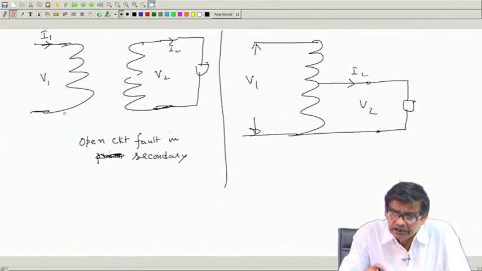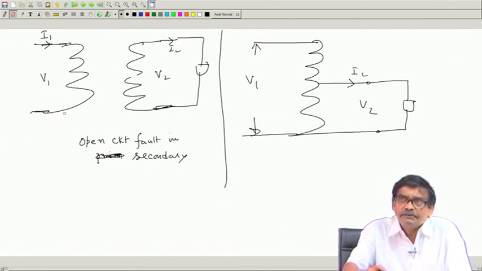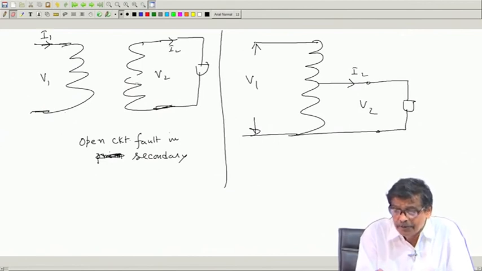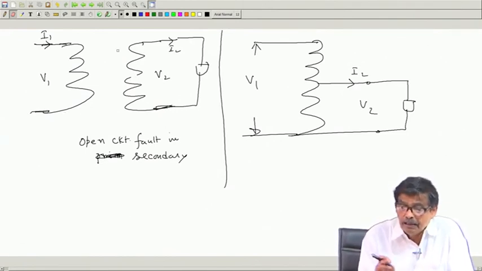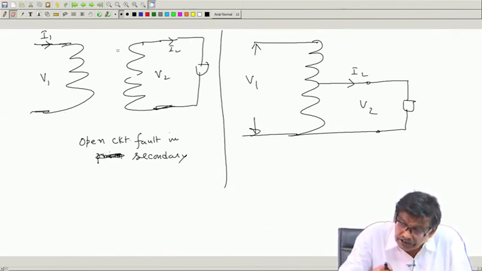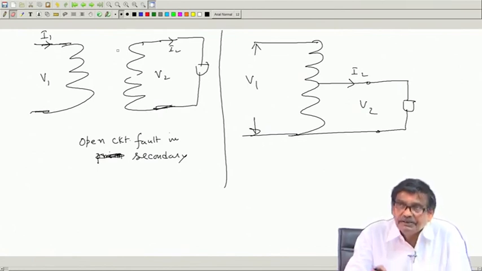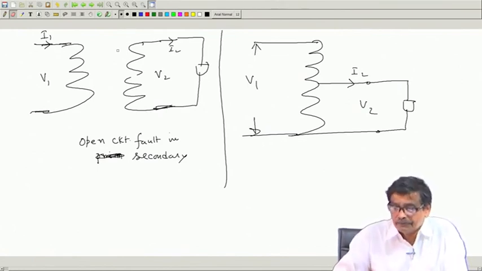Will I get any voltage between these 2 points? No, because the moment it becomes open circuit, current will vanish, current cannot flow, but there will be voltage induced in this portion and in this portion, but the voltage between these 2 points will be 0 as there is no current flowing.